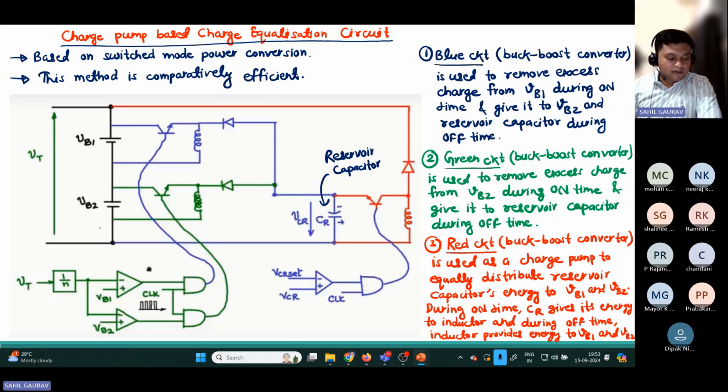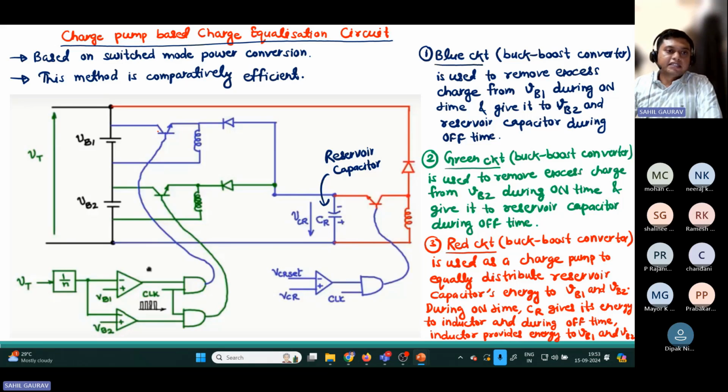It is based on switched mode power conversion, and this method is comparatively efficient. We have seen the previous case has heavy power loss due to the resistor used in parallel to the battery. So how does this charge pump based charge equalizer circuit work?